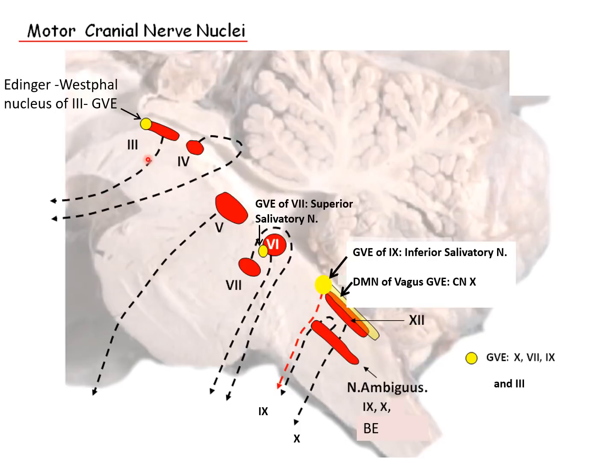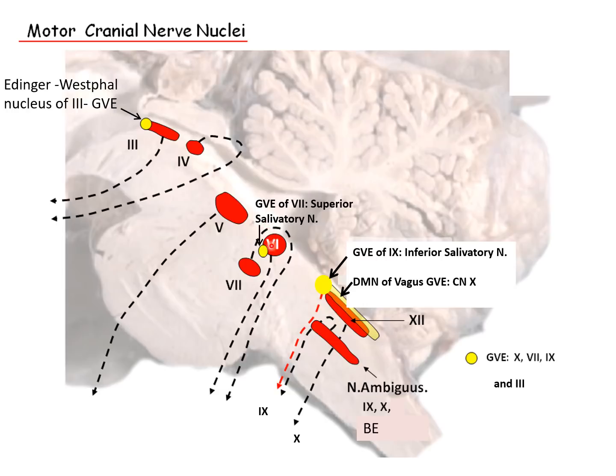Here we begin to see the location of the major cranial nerve nuclei for motor function. Starting out in the midbrain, we see nuclei for cranial nerve 3 and cranial nerve 4, also in the midbrain, 5, and you notice that most of these are relatively dorsal in the midbrain relative to the basis pontis, which takes up a great deal of the pons.